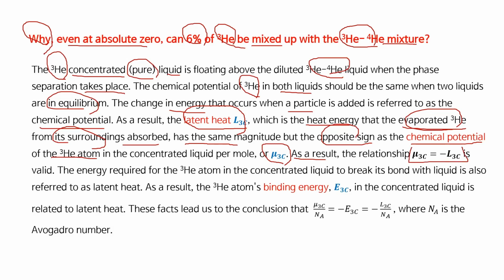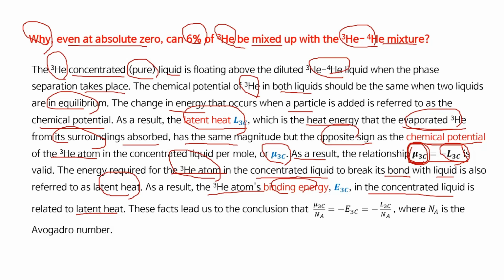this relationship: the chemical potential of the helium-3 atom in the concentrated liquid is the same as the negative of the latent heat. Okay. The energy required for the helium-3 atom in the concentrated liquid to break its bond with the liquid is also referred to as a latent heat. As a result, the helium-3 atom's binding energy in the concentrated liquid is related to the latent heat.